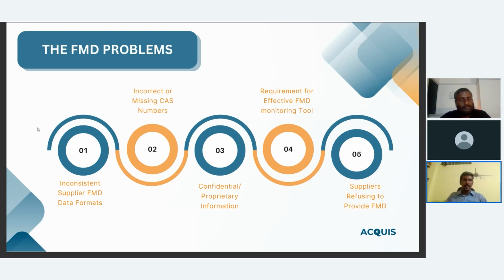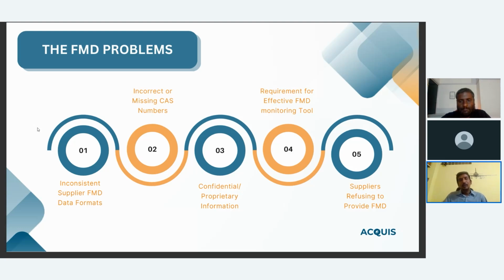So you are basically asking them to confirm that there are no restricted or regulated substances there, because they have withheld that information, you are not aware of it, and then there is a risk. So confidentiality and proprietary information is a challenge sometimes, which increases the follow-ups and supplier communication.